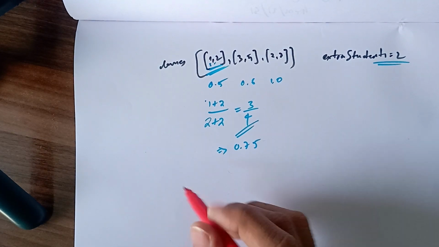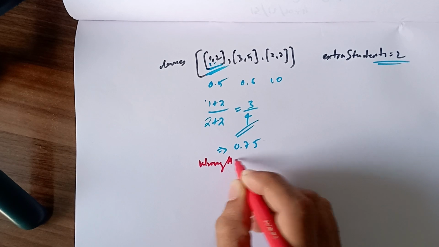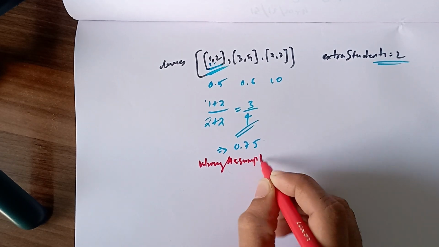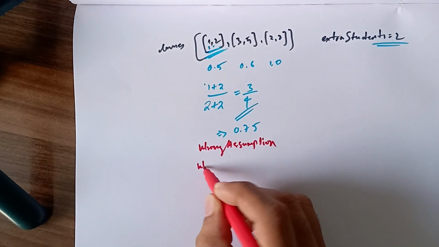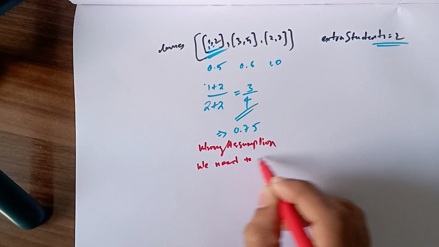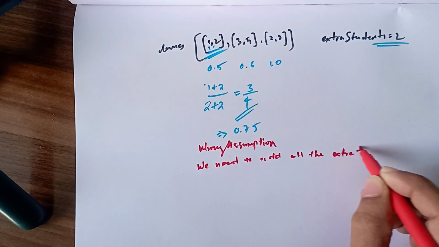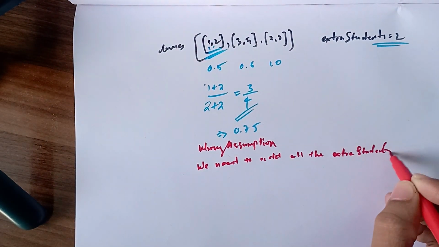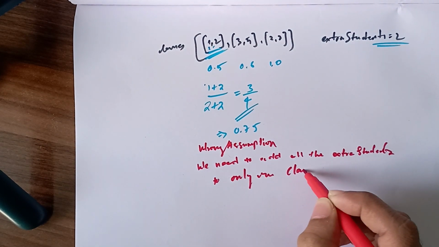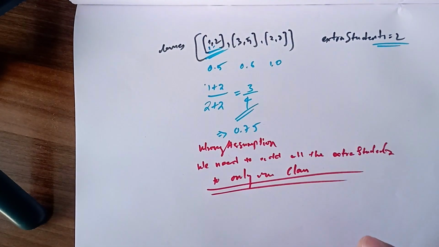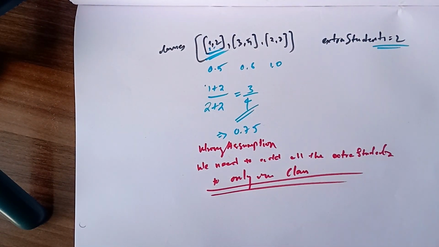But there is an error. There is a wrong assumption: we assume that we need to add all the extra students to only one class. This is the main wrong assumption many coders make.